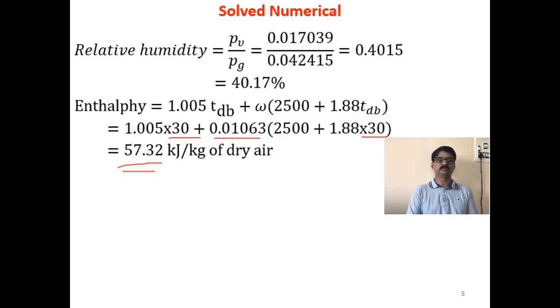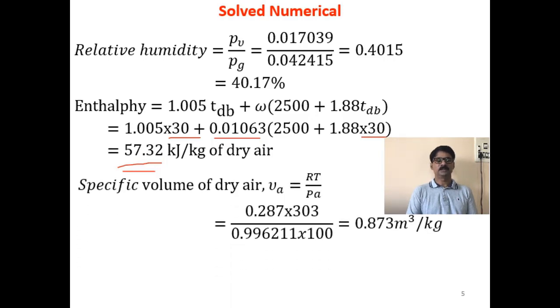And the specific volume of dry air, VA is equal to RT by PA, because PV is equal to RT formula. So 0.287 is the specific R value for air, and temperature is 30 degrees Celsius, that is plus 273 is 303 Kelvin, and PA is 0.996211 bar.